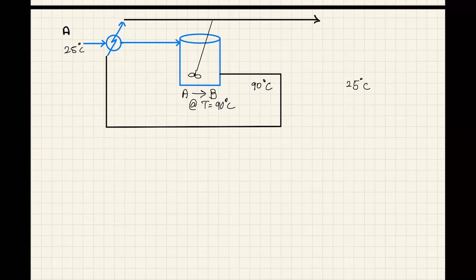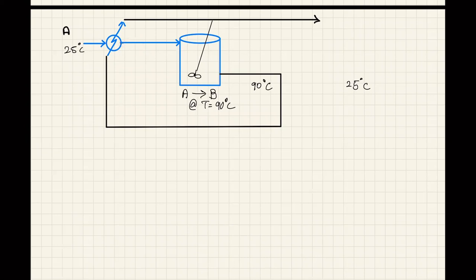Yes, a simple raise of hands. Okay, great. So you guys are agreeing that we cannot estimate what temperature will be here.